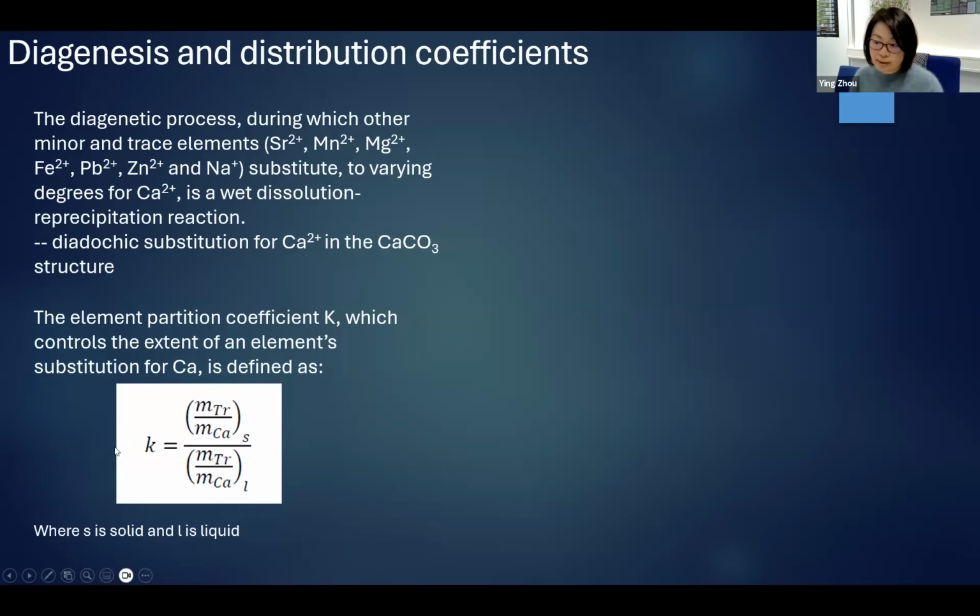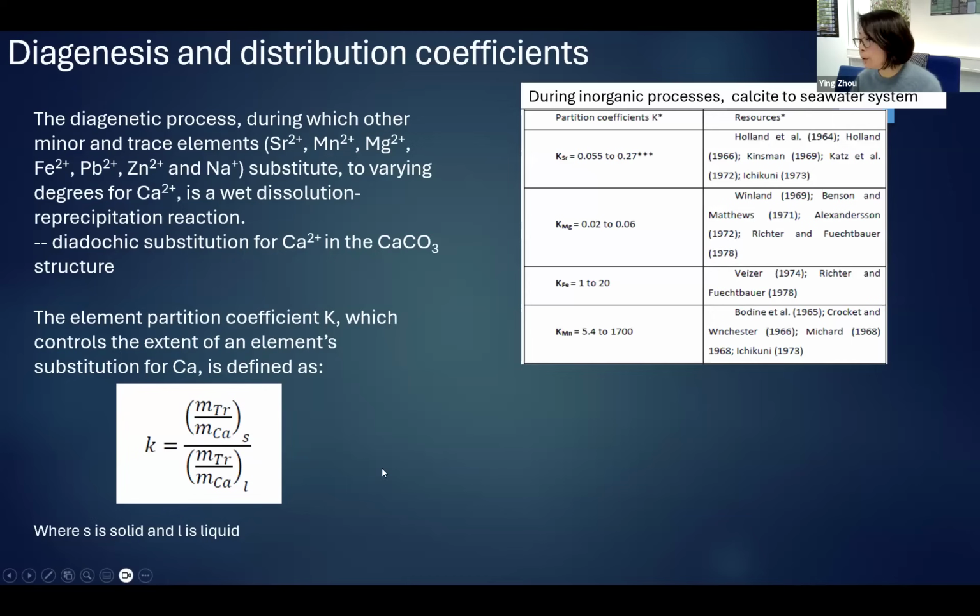This whole process, the replacement or substitution, is determined by the elemental partitioning coefficient K. Here the equation shows how K is determined. Here I just show you the calcite to seawater system, and how the K values of a few elements are compiled.